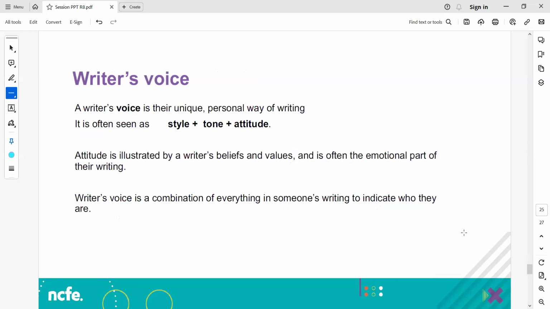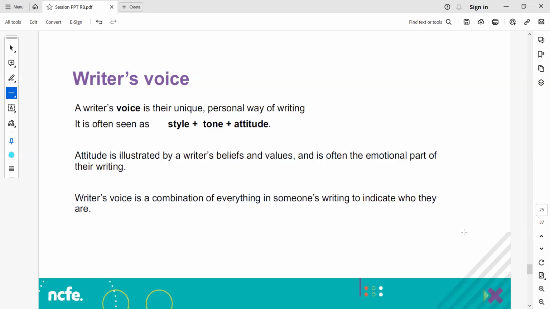So the writer's voice. A writer's voice is often seen as their style plus tone and attitude. It's the writer's unique personal way of writing. So books by a particular author, novels, will often be seen to have that writer's voice.